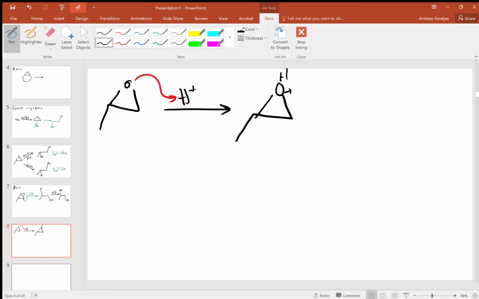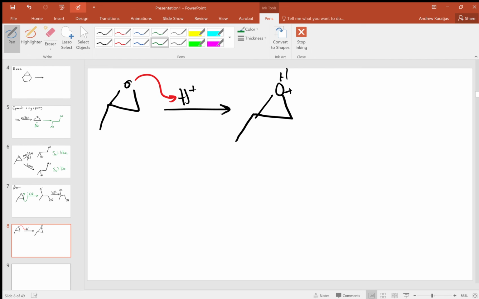But we know that the oxygen-carbon bonds are polarized, and that oxygen wants electrons even more now that it's positively charged. So of the two carbons that it's attached to, which one's better able to donate electron density into the oxygen? It's the more substituted carbon, just as it would be if we were dealing with carbocations.